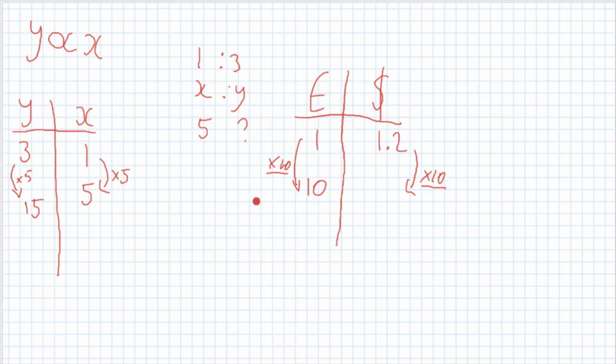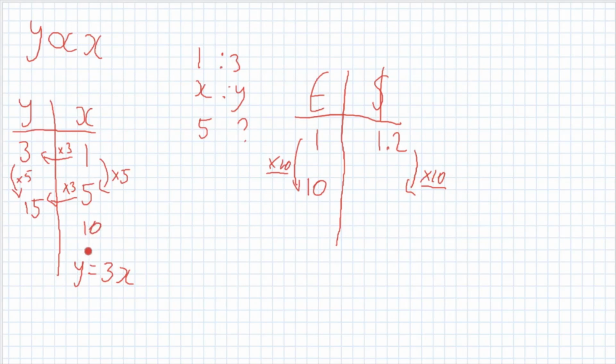Okay. The other way you might see it is, let me show you. From x to y, we're timesing by 3. Can you see that? And when they're directly proportional, we're always doing the same thing. So we could see y equals 3x because we're always timesing x by 3 to get to y.